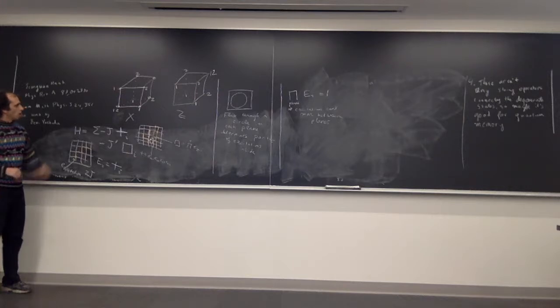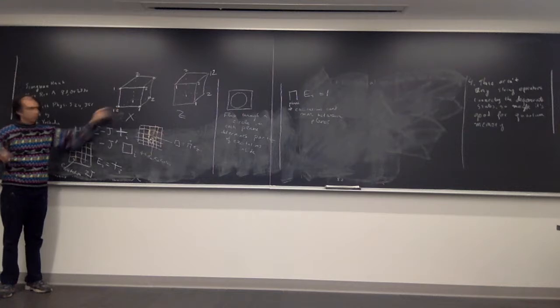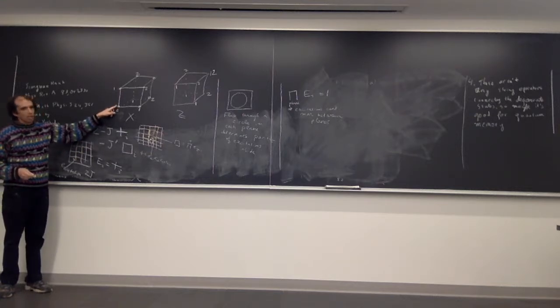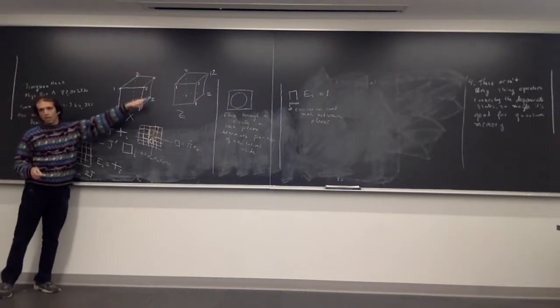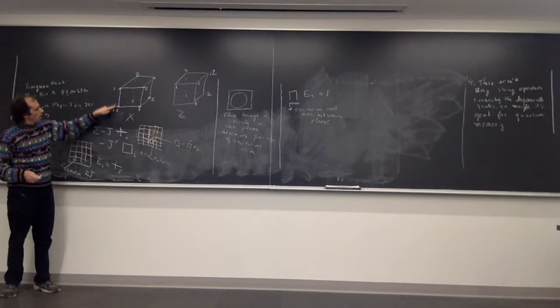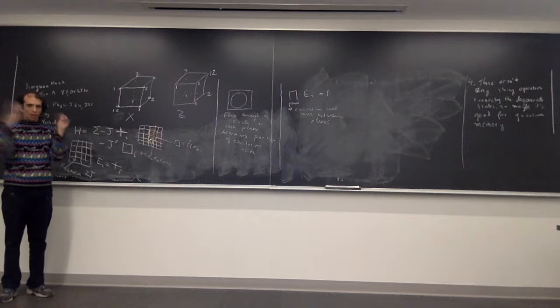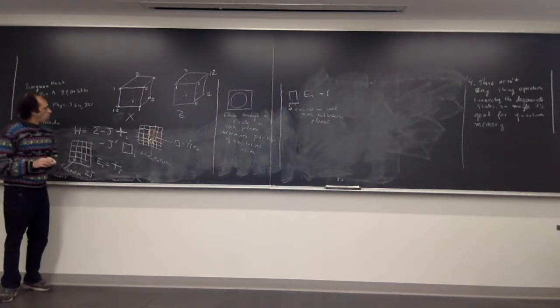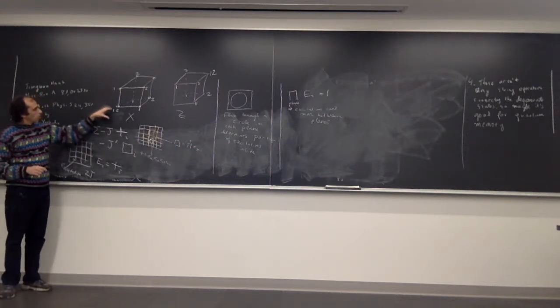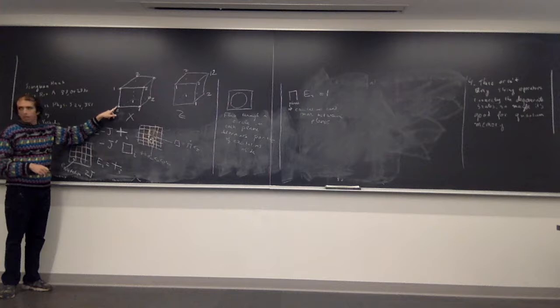To do that, I'll just apply sigma z at this site, for example. Sigma z at this site anti-commutes with this x operator from the Hamiltonian. It flips the sign of this sigma x, so it changes the product. And any cube where the term involves that particular sigma x will be flipped by applying the sigma z at this site.